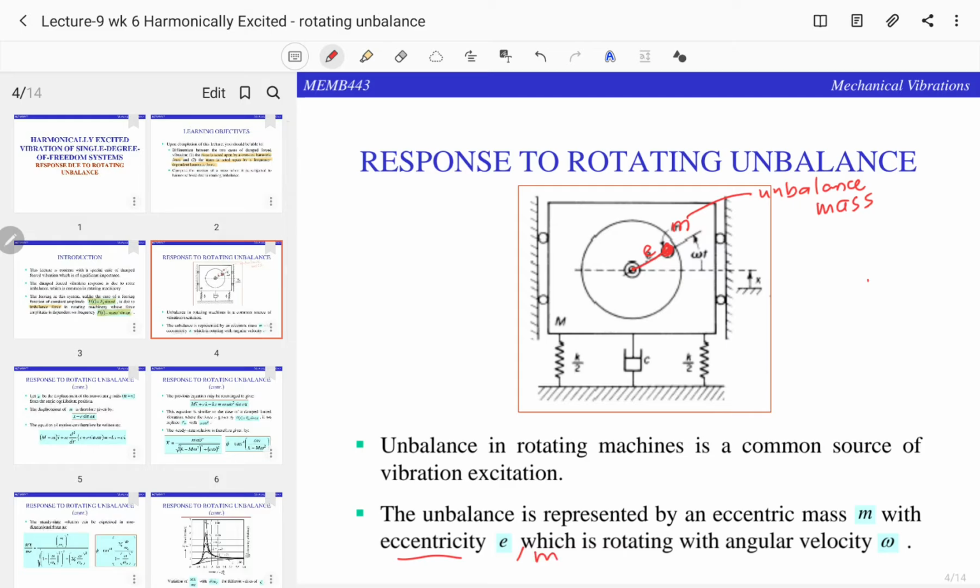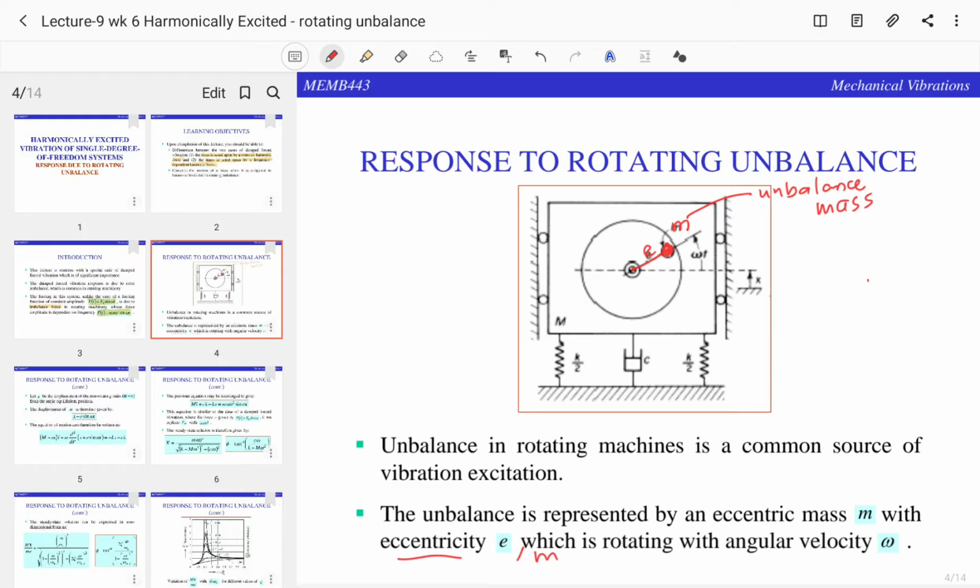All right, so this thing is rotating. You can imagine maybe in your washing machine your clothes are clumping at one side. So this thing is rotating, that causes the unbalance of your dryer or your washer.